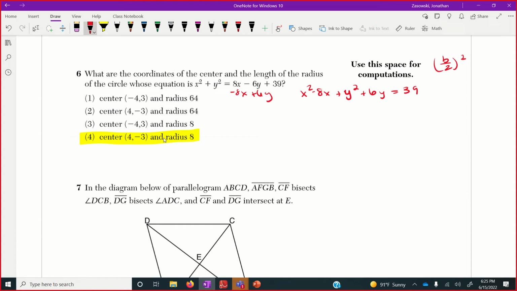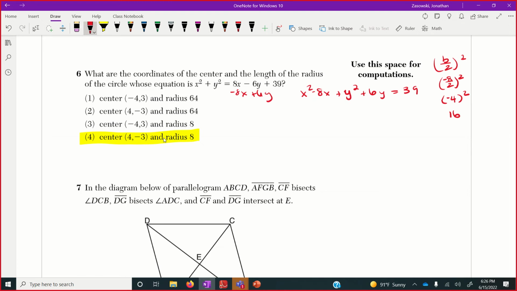Now remember the 3 amigos. We have the b over 2 squared, which when we plug in for the x's, is negative 8 over 2 squared. The next amigo is when we do the division, we get negative 4 squared. And negative 4 squared is 16. So we are going to have to add 16 to both sides of the equation.